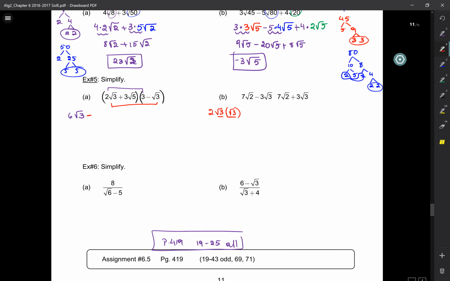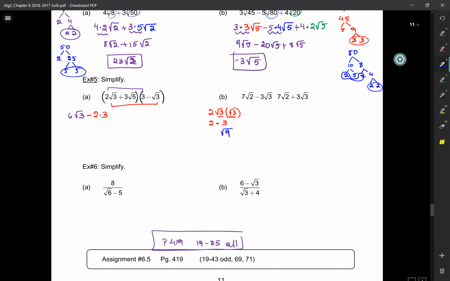Root 3 times root 3, however, will be what? Root 3 times root 3 is just 3. So this is 2 times 3 here. So root 3 times root 3 is root 9, which is just 3.